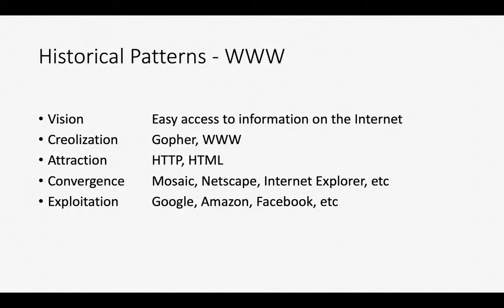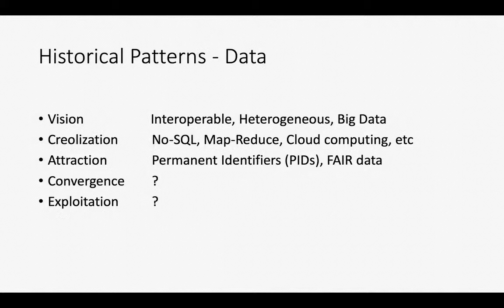So what we're looking at with data is whether there is a historical pattern that's leading us to the next stage. The vision, as I mentioned in the previous section, is interoperable, heterogeneous big data, and the creolization is where there are many technologies looking to be exploited. You have things such as MapReduce and the cloud computing infrastructures.